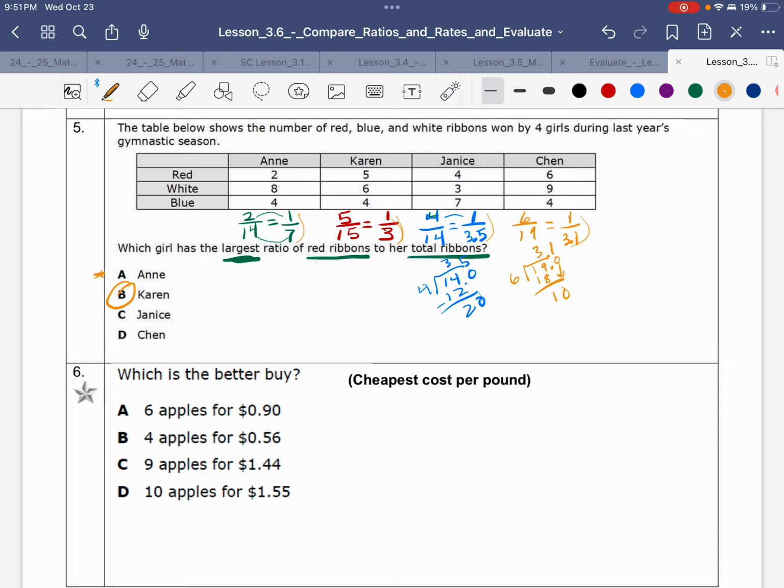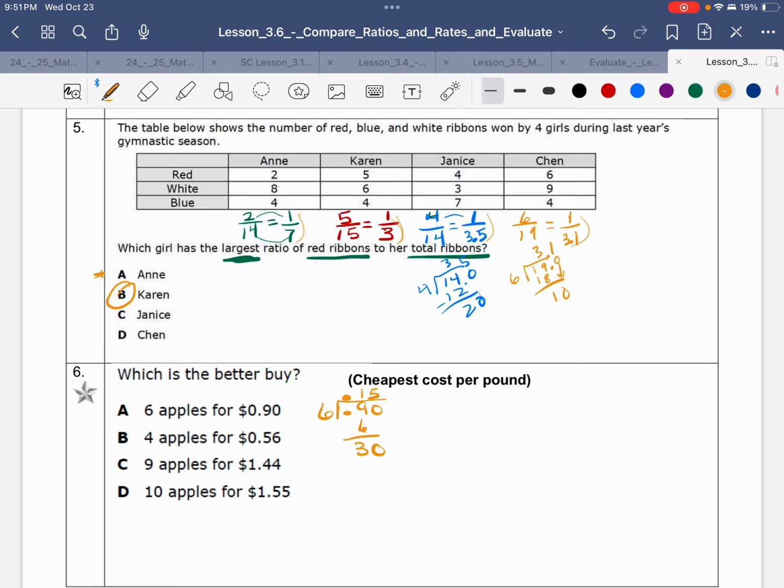6 apples for 90, 4 for 56. Okay, this is just one of those ones you have to work out the unit rate for. So again, we have to do them out. So 90 cents divided by 6. See which one is the better deal. 1.30.